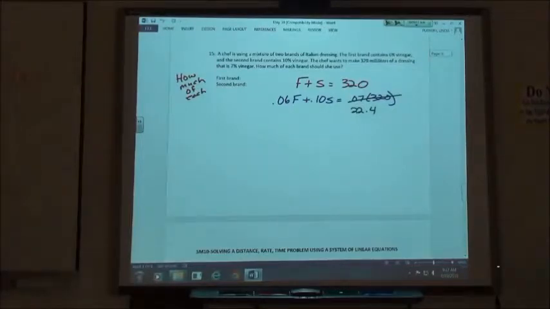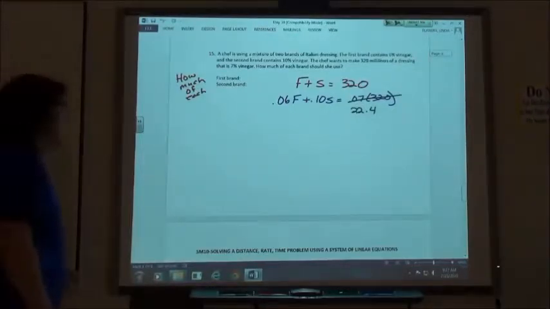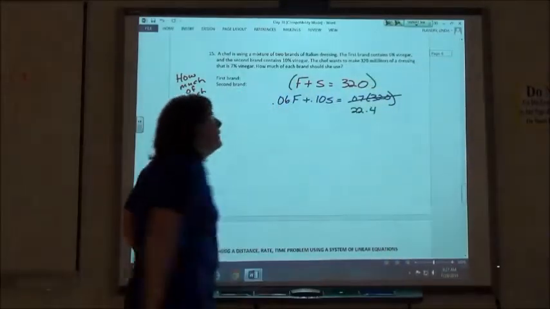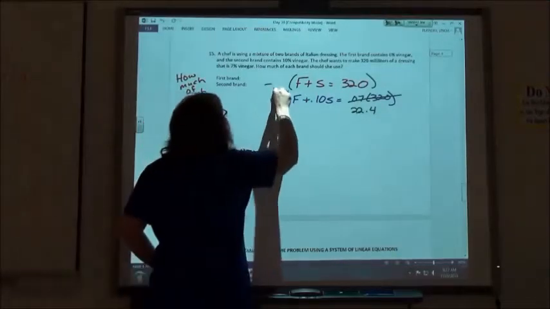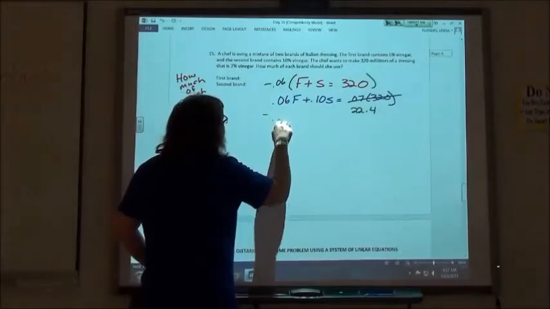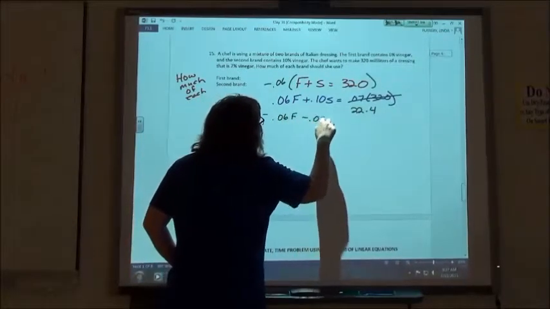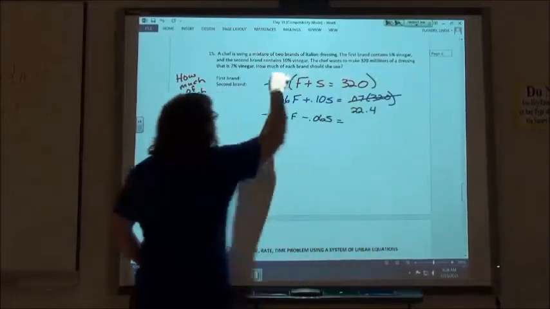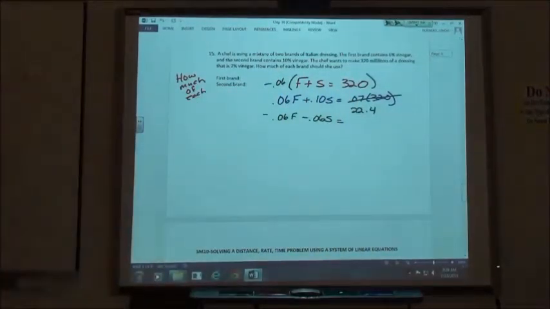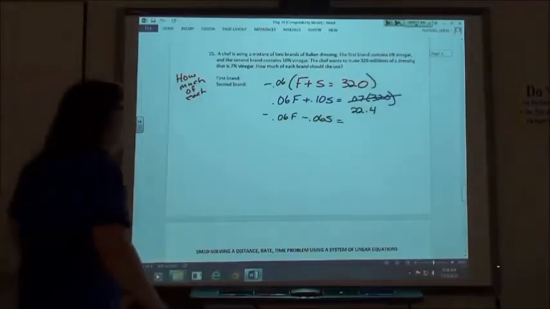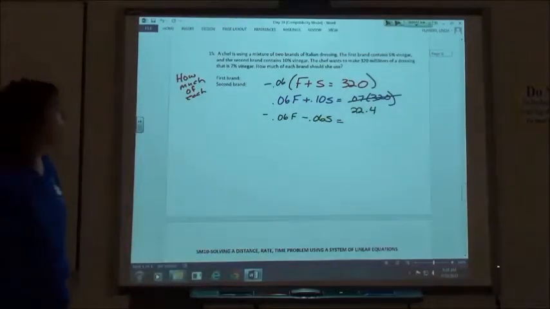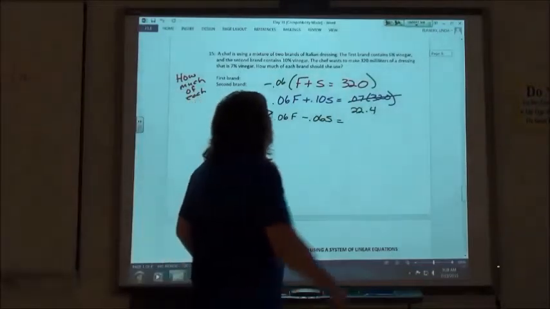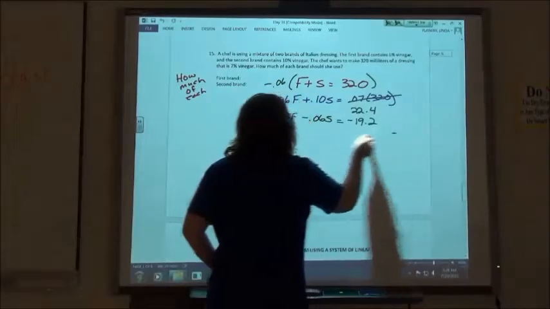So if we solve by the elimination method, we would probably take the top equation times negative 6%, negative 0.06. So negative 0.06 F minus 0.06 S equals negative 6% of 320, which is negative 19.2.